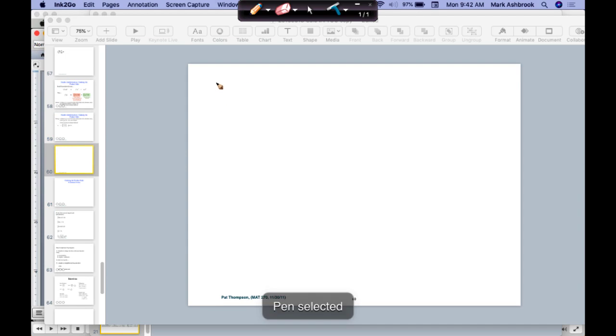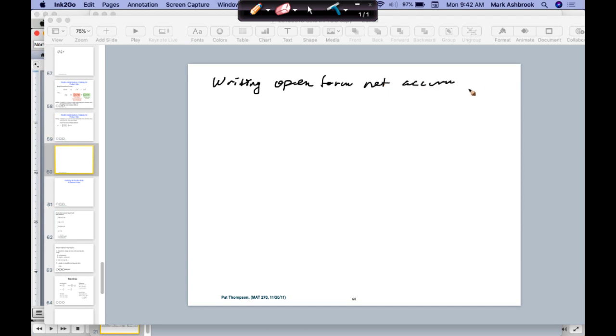We're working on writing open form net accumulation functions in closed form.